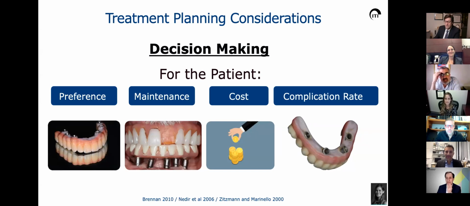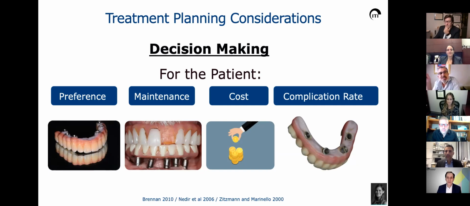His research interviewed patients, and if you were a pre-existing edentulous patient with a denture, as opposed to a terminal dentition patient who's never experienced a removable prosthesis, then when immediately loaded, the terminal dentition patients preferred the fixed. And I think it was between 30 or 40% of the existing fully edentulous patients actually preferred a removable implant-supported overdenture.